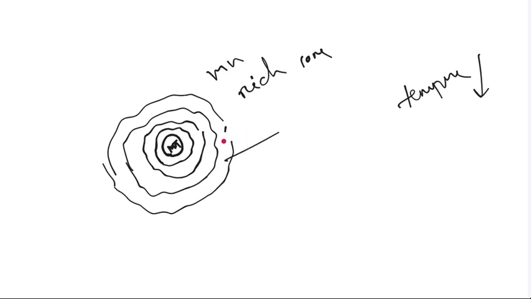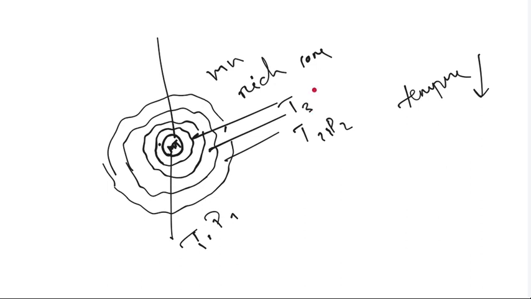Each of these rims can denote a temperature and pressure condition: T1 P1, T2 P2, T3 P3, T4 P4, T5 P5. Each of these zones can represent a particular temperature and pressure condition. That's why this garnet growth zoning is a very sensitive geothermobarometric indicator. Okay, everyone understood what is geothermobarometry, or what is a geothermometer or a geobarometer?